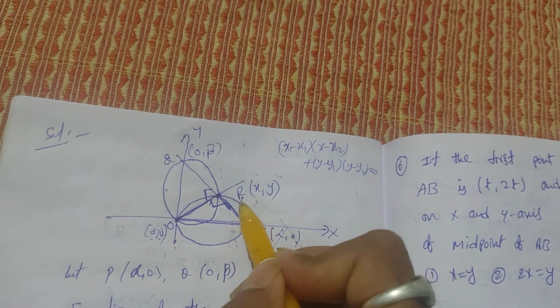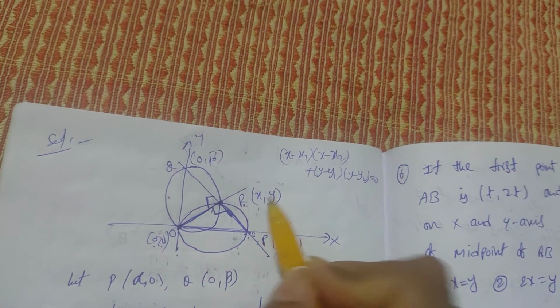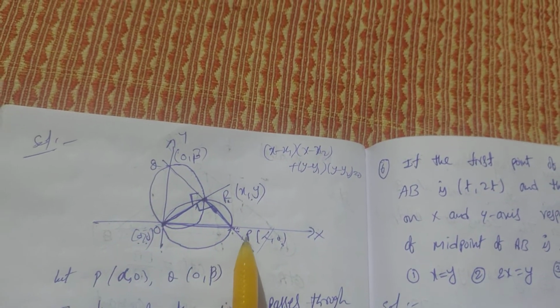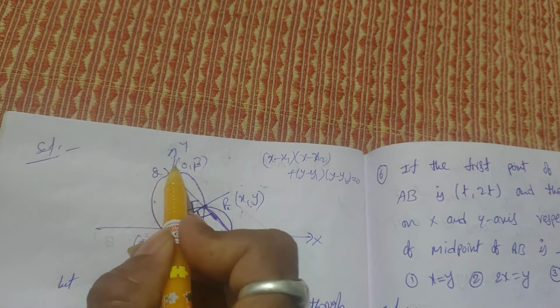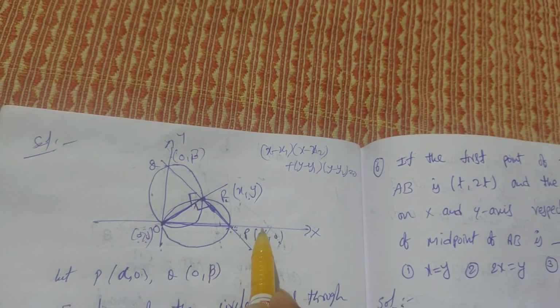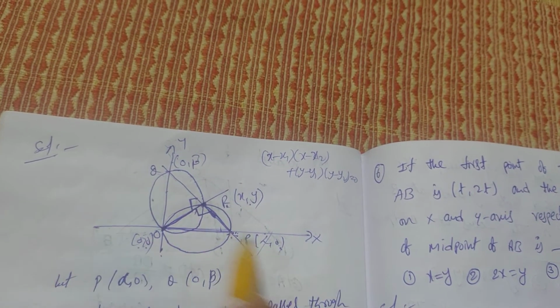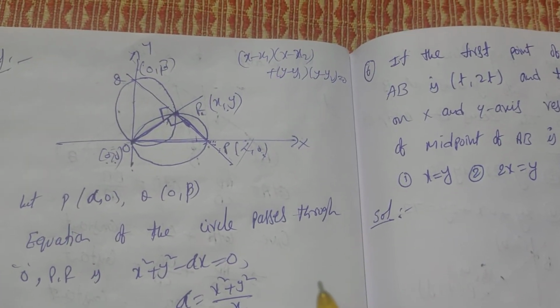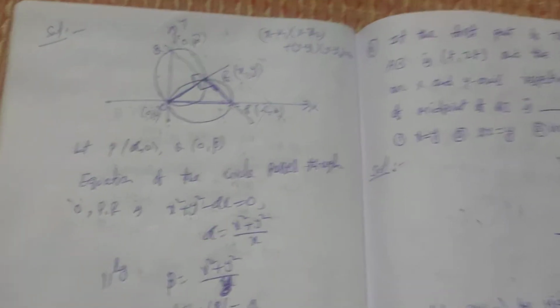Now he is asking the locus of this R(x, y). This is also not a fixed point. Here P and Q are moving points. If P is here, Q may be here, so R also changes. If P is here, Q will be here, then R also changes. So P and Q are the moving points, and according to that, R will change. So now we are going to find the locus of that R.